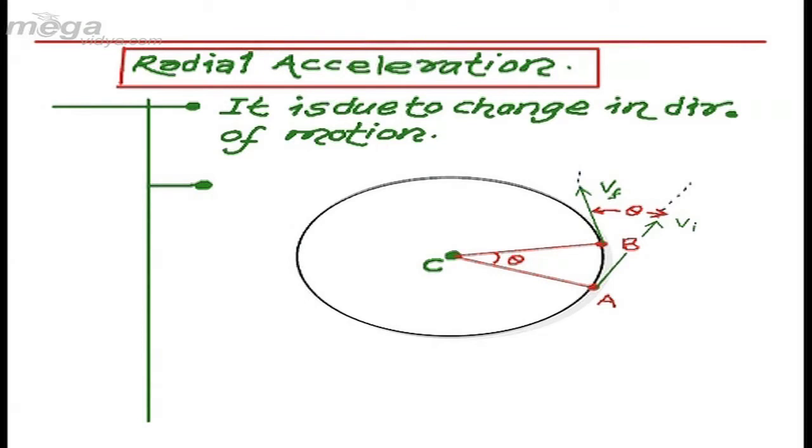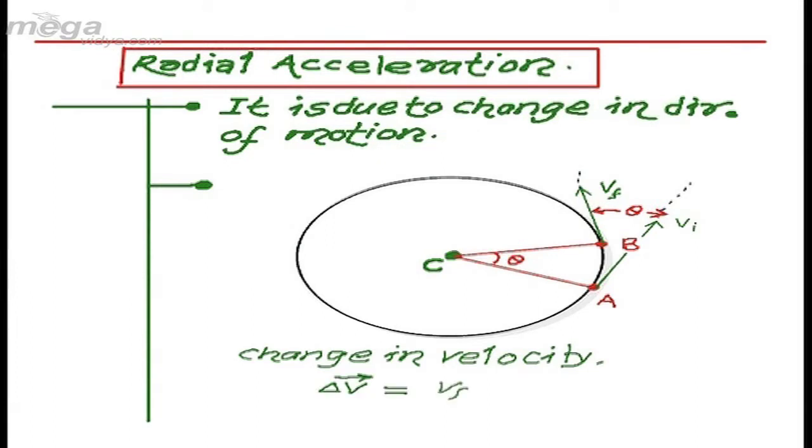So if I start calculating, then obviously the change in velocity can be written as delta V equal to V final minus V initial.